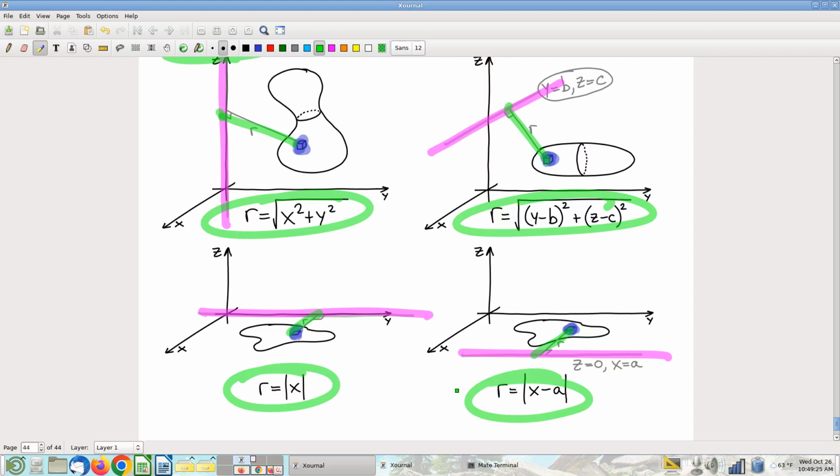But don't try to memorize just a single formula, which obviously wouldn't work. Also, please don't try to memorize a list of cases, because any list you make is going to be incomplete unless you memorize all infinite number of cases, which you can't. So please understand the idea that r is the distance, and then make sense of it in context.